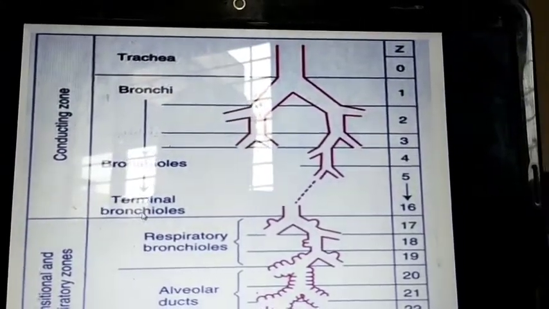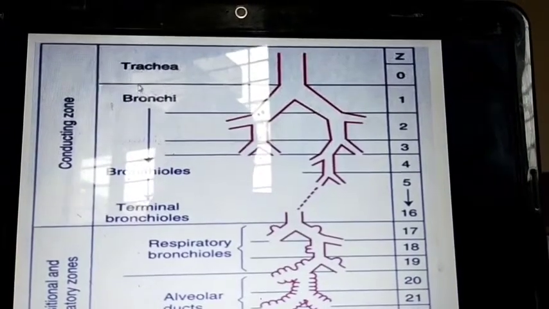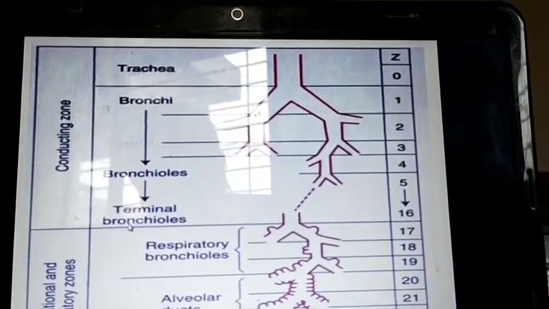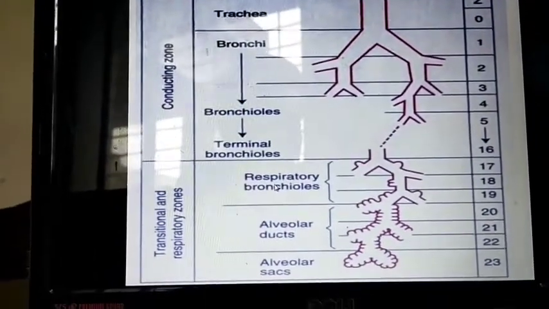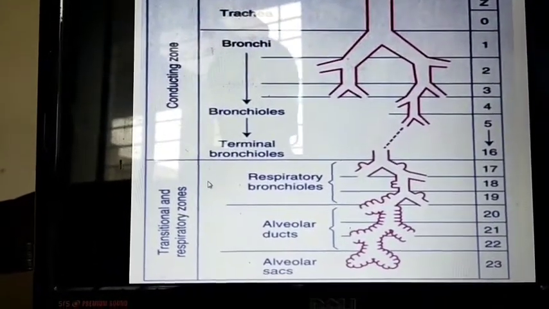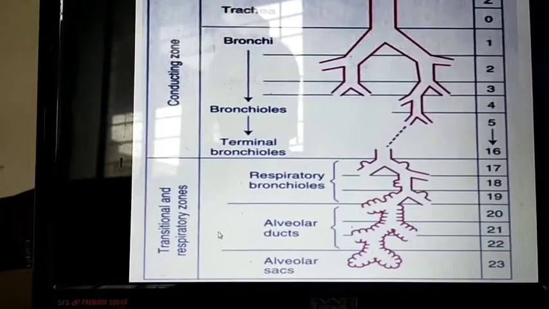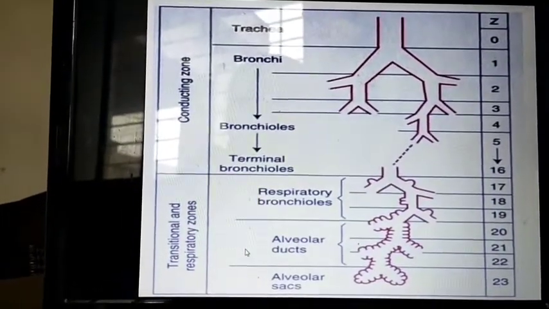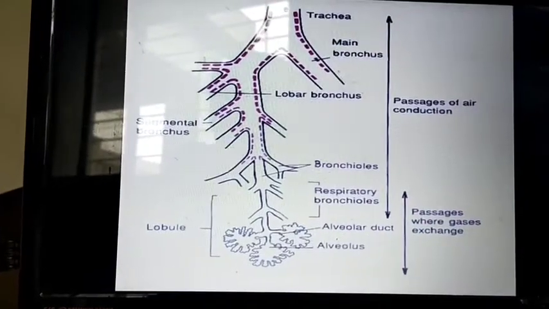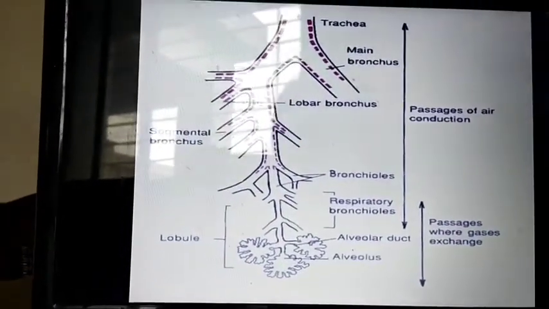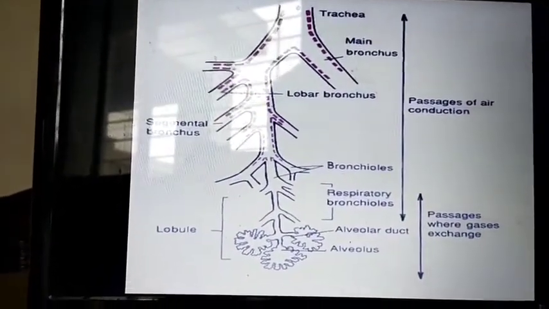Up to the terminal bronchioles, it is said to be the conducting zone, and below it, the respiratory bronchioles, alveolar duct and alveolar sac are said to be the transitional or respiratory zone. In short, there is also a type called lobar and lobular.